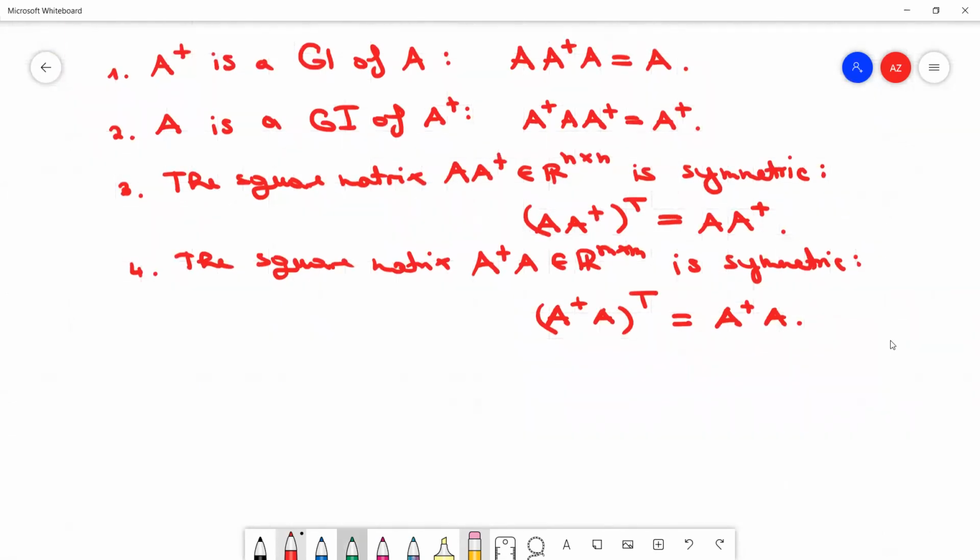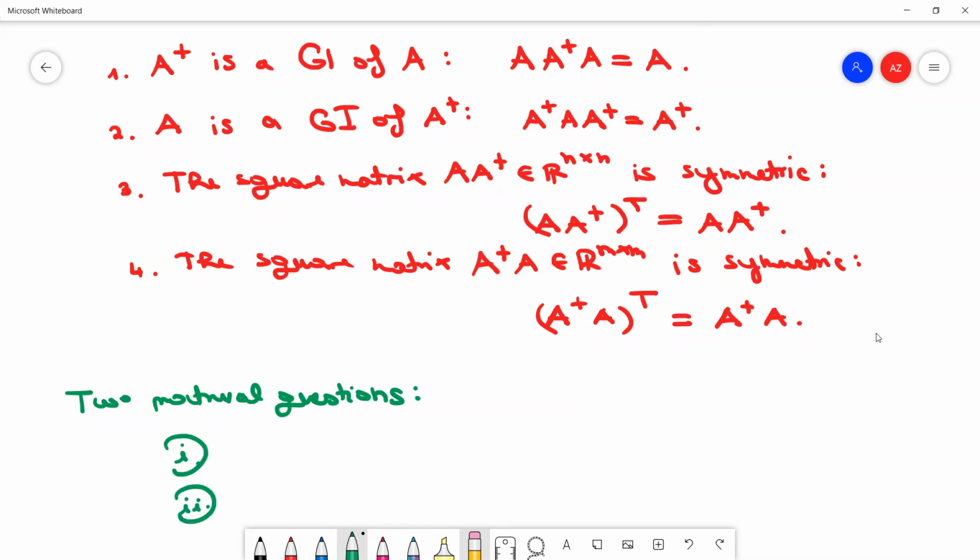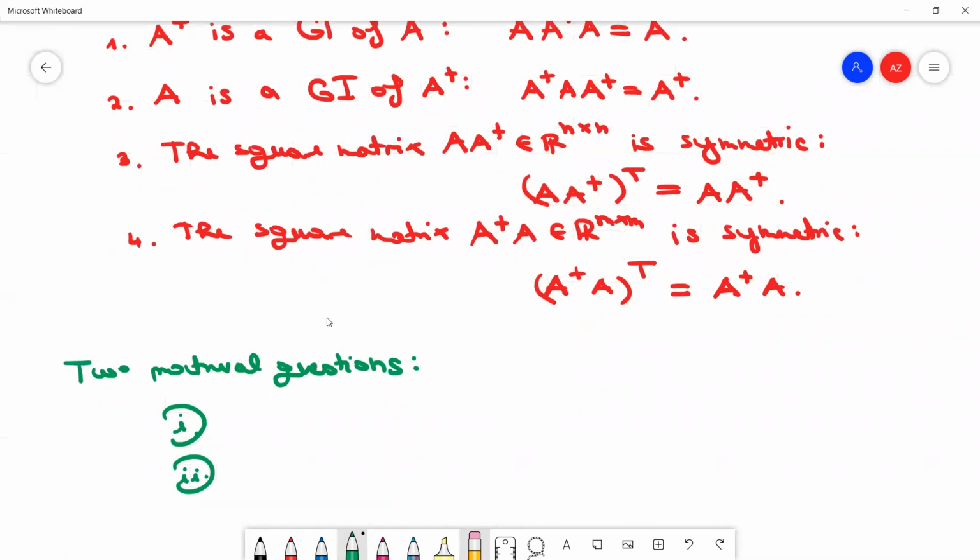And now there are 2 natural questions. When we define something, we have to ask ourselves, does the object of the definition really exist? So does every matrix A have a Moore-Penrose inverse? It's not obvious from the definition that this should be the case.